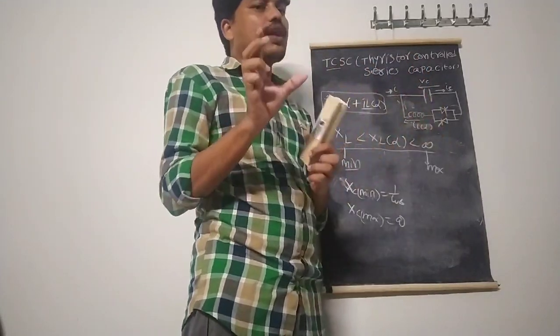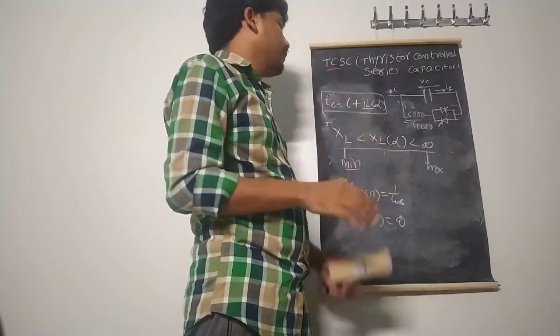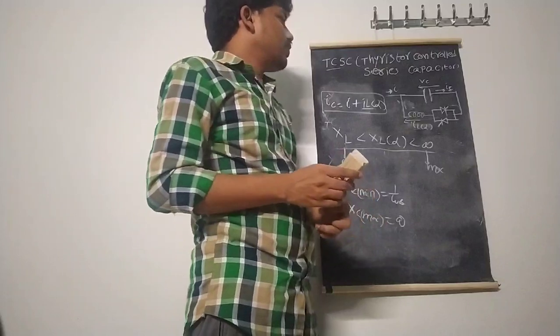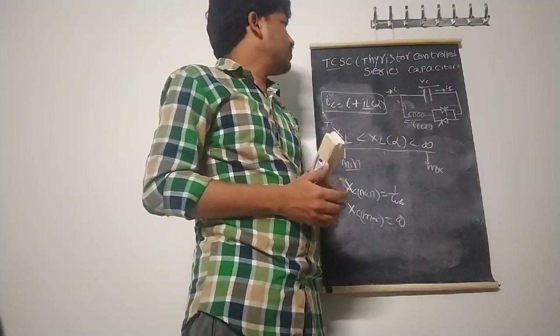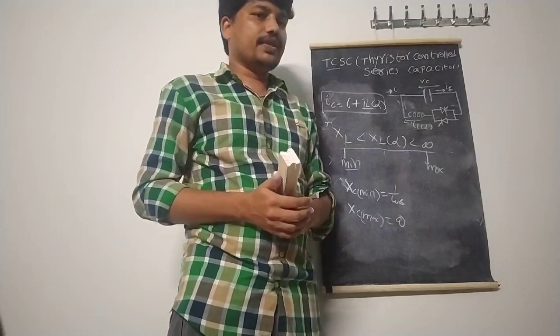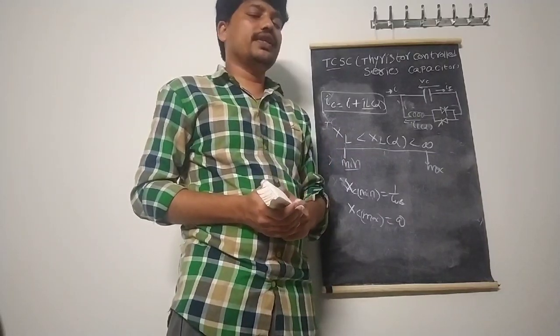But ఇండివిజువల్ గా మాట్లాడుకుంటే కెపాసిటర్ కరెంట్, కెపాసిటర్ వోల్టేజ్ ఎప్పుడు కూడా ఆపోజిట్ లో ఉంటాయి. సో దిస్ ఇస్ అబౌట్ the importance of the thyristor controlled series capacitors. In the next class we are going to see the different modes of operation of the TCSC.